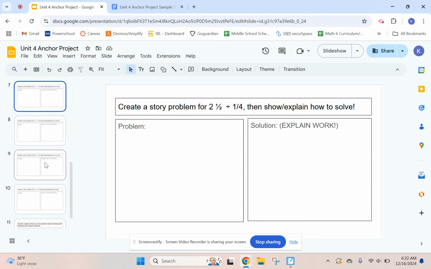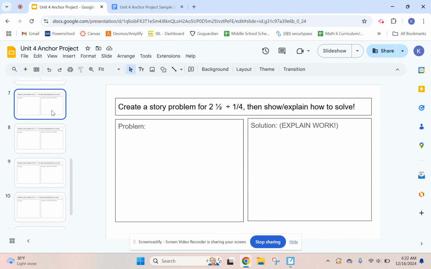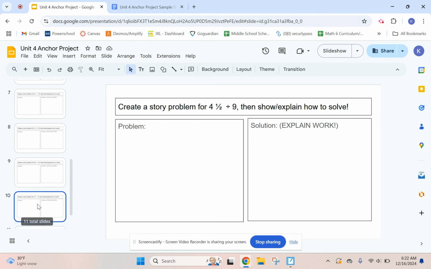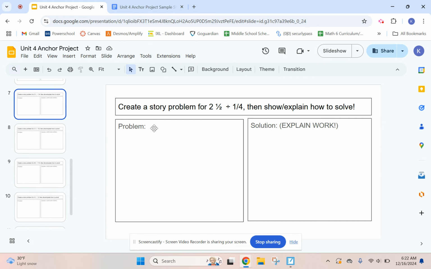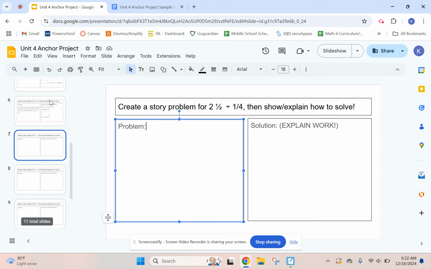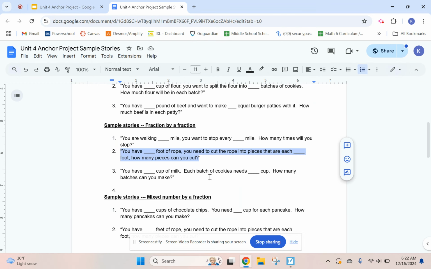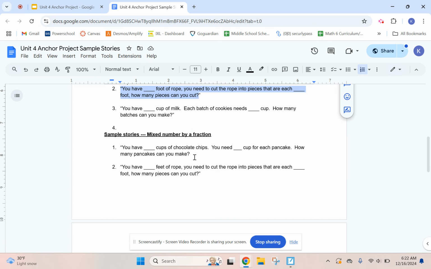All right, create a story problem for 2.5 divided by 1/4. So we have a mixed number divided by a fraction. Let's look under mixed number by a fraction. I'm going to do the first story here.